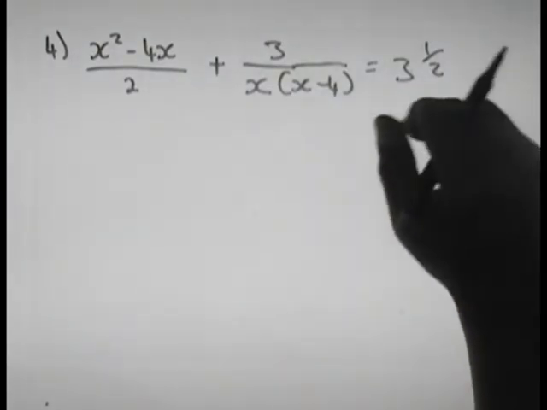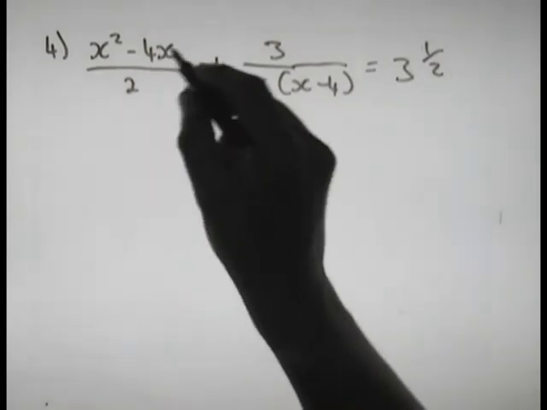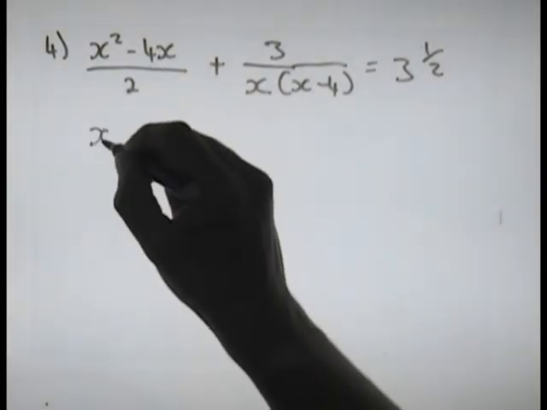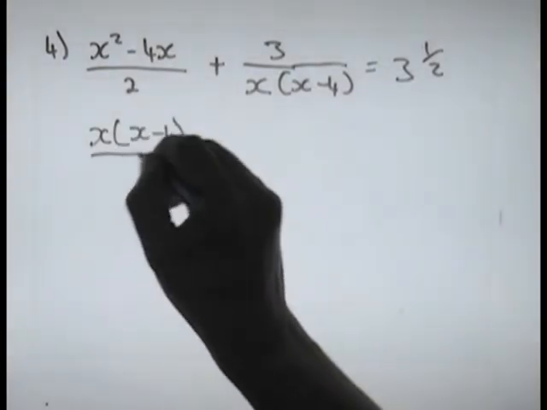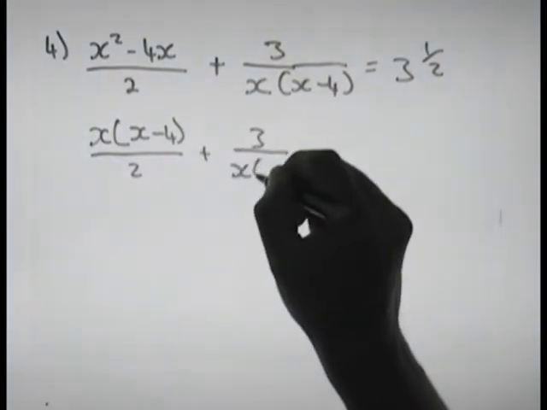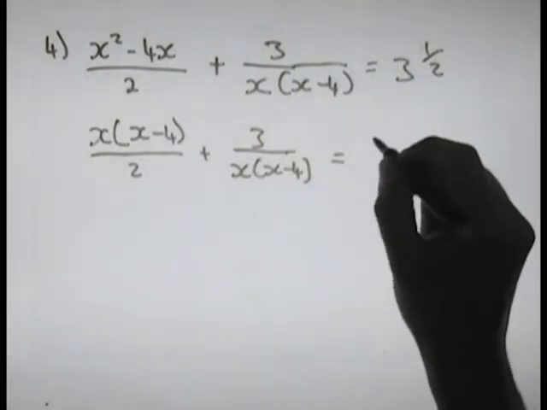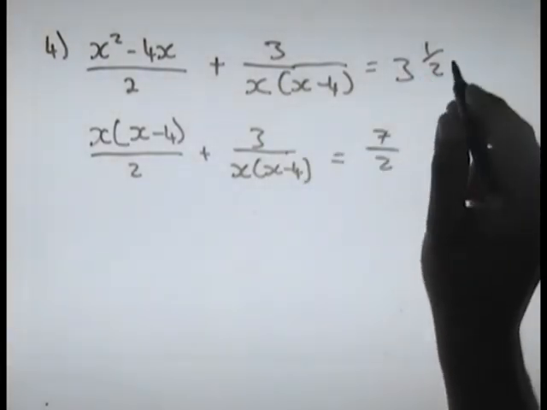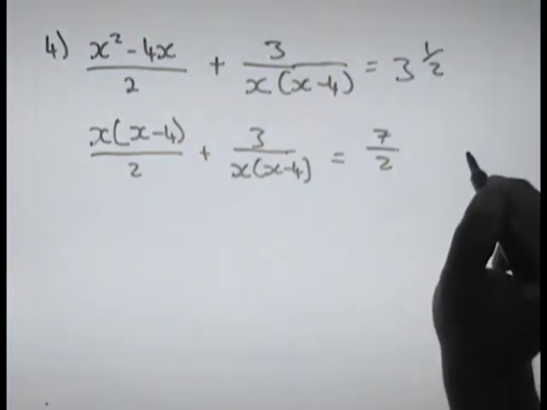I'm going to start by simplifying my expressions. X squared minus 4x is going to become x times (x minus 4) over 2 plus 3 over x minus 4 is equal to 3.5, which is the same as 7 over 2. 2 times 3 is 6 plus 1 is 7 over 2.